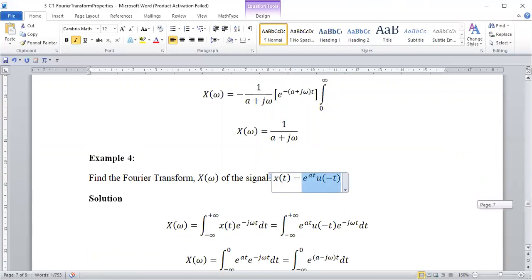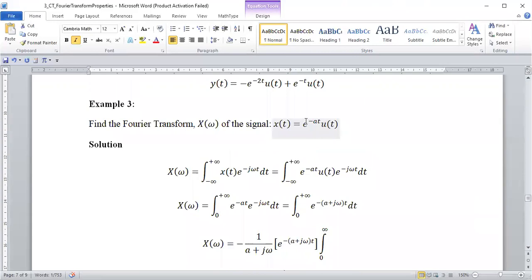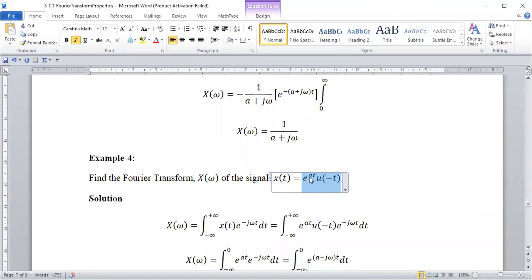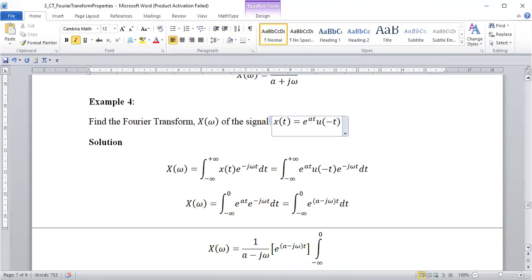So in the first case, we had e to the minus a t u of t. But in this case, we have e to the a t u of minus t. Then we're going to go through the normal route to do it. So in place of x of t, we replace it with this.